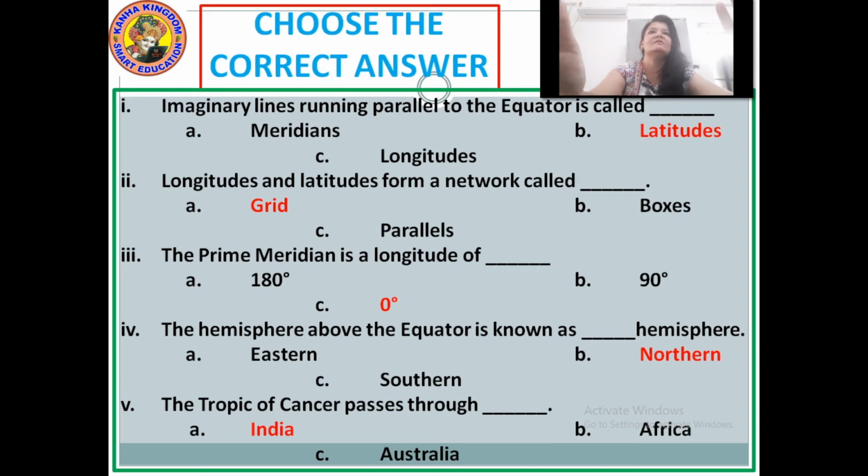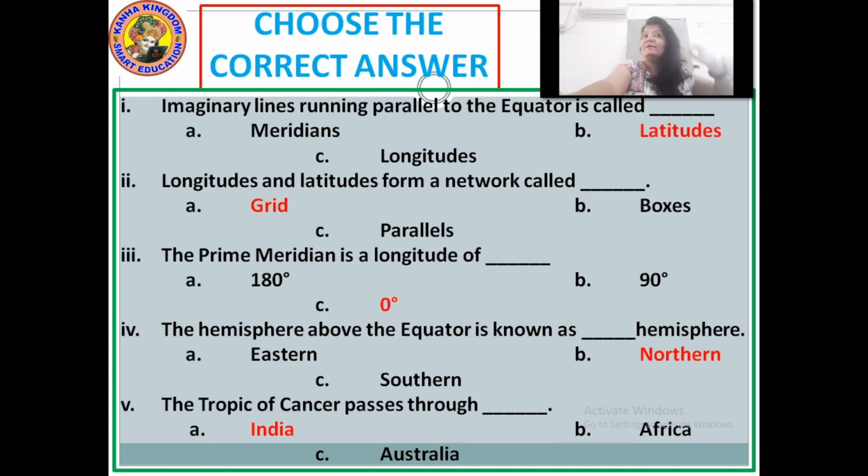I'll only repeat the question and the main answer. Just check if you have underlined the right answer. Imaginary lines running parallel to the equator are called, option B, latitudes. Longitudes and latitudes form a network called dash, that is option A, grid.